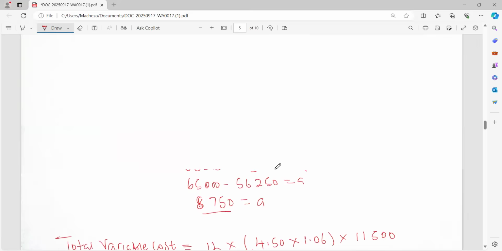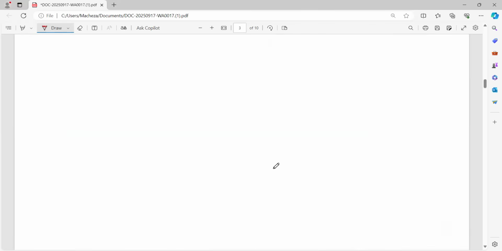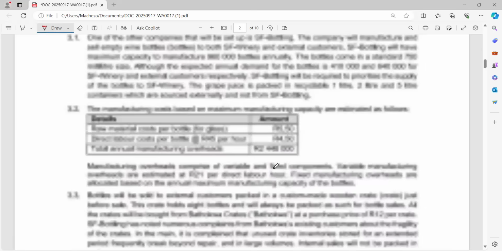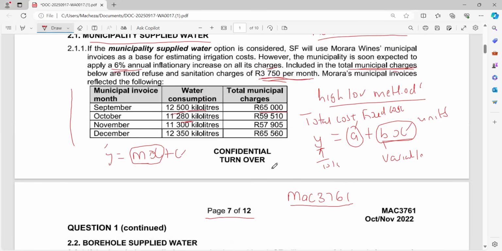But remember, in our question, we want to compare between the two, the municipality water and the borehole water. So we are done with the municipality water cost. I don't know if there's anyone with a question on it. Every time you see a table like this, with a fixed and variable element in here, you just have to think about the high-low method so that you can separate the variable.